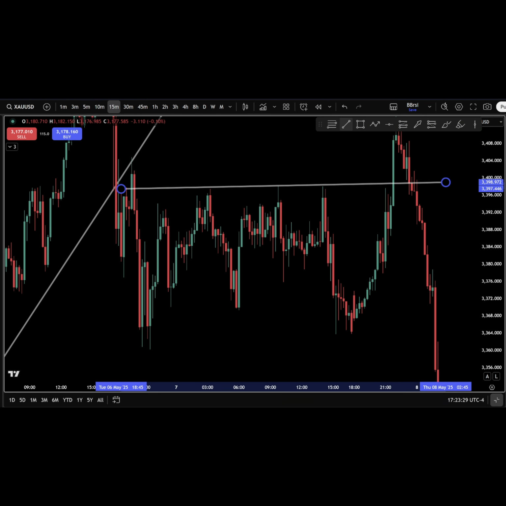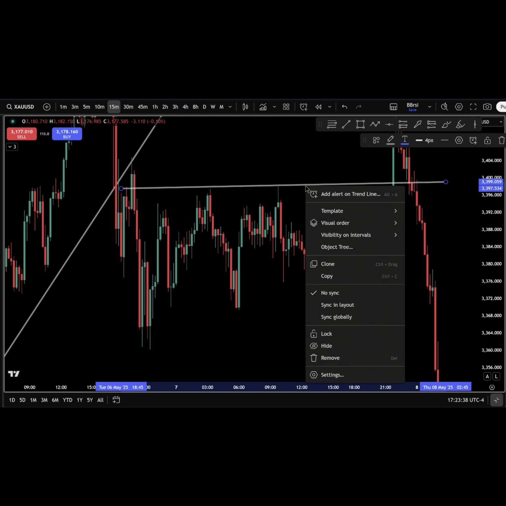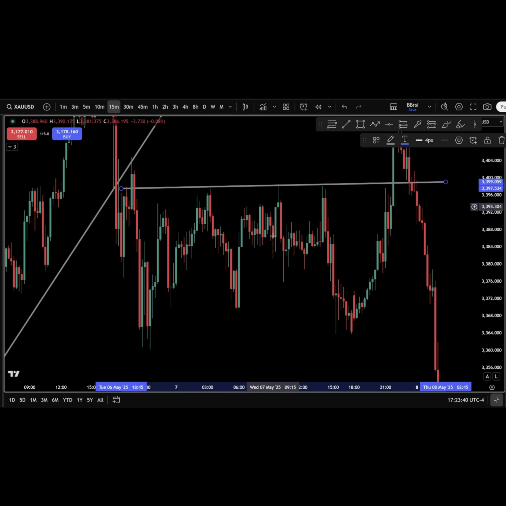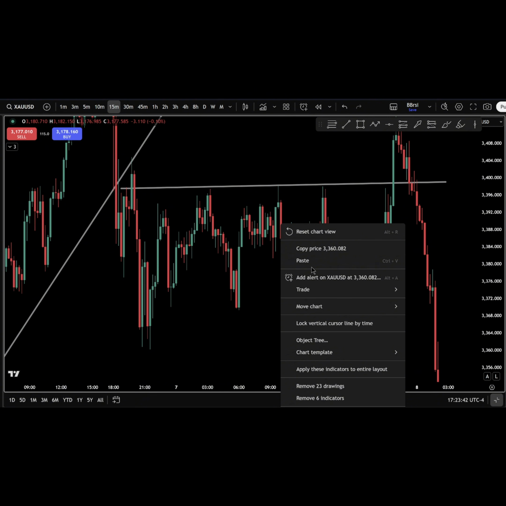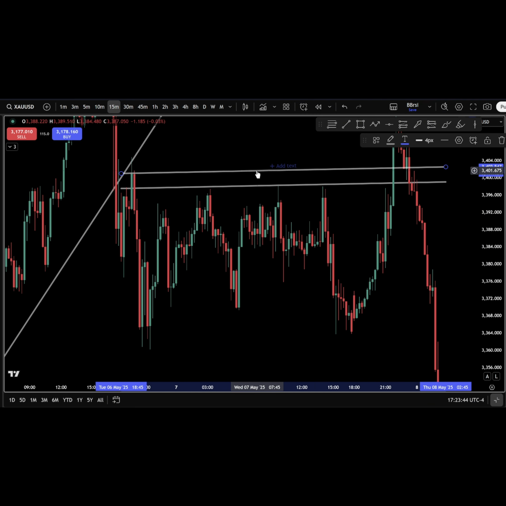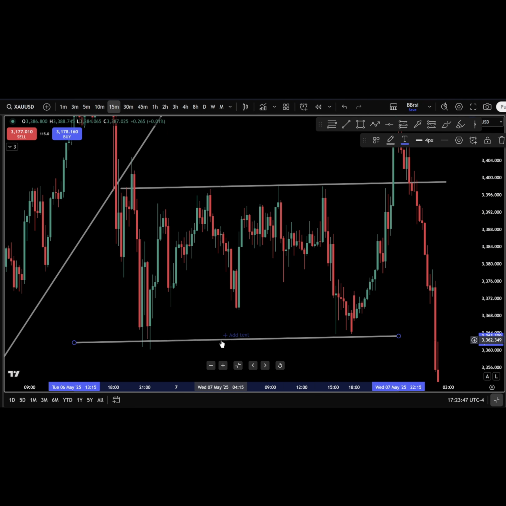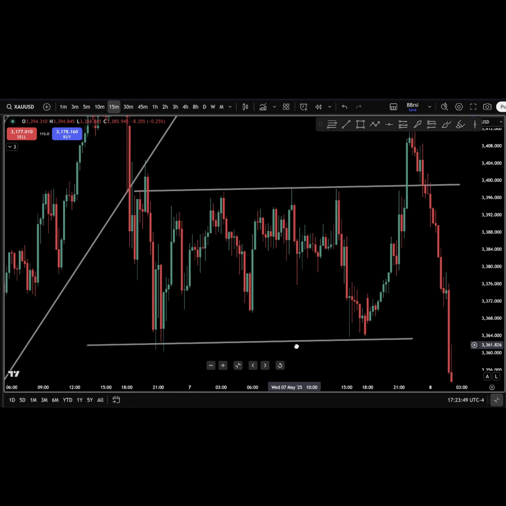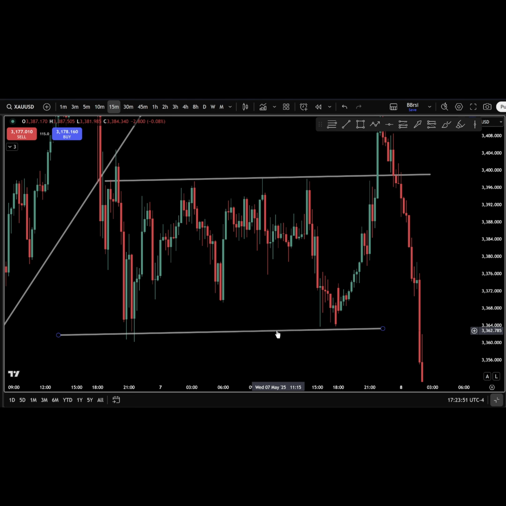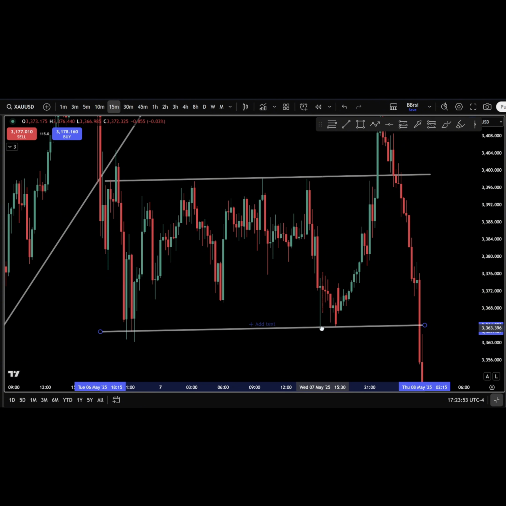We put the resistance, or the top part, and we can copy and paste the exact same line just to show you that it is usually nicely parallel to each other.